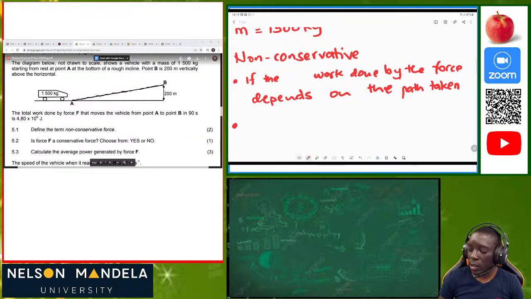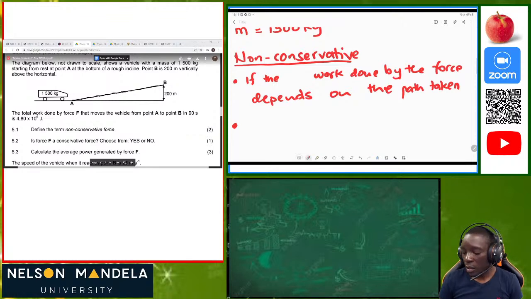So this is the work done by the force in moving an object between 2 points. If that work done depends on the path taken, then the force is non-conservative.